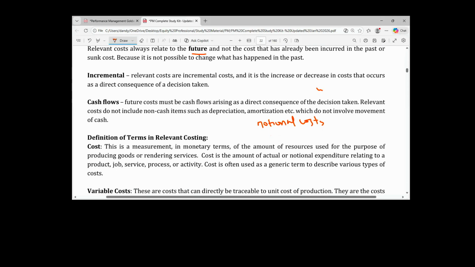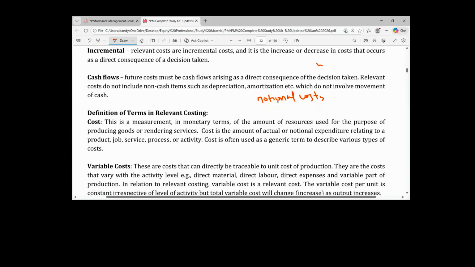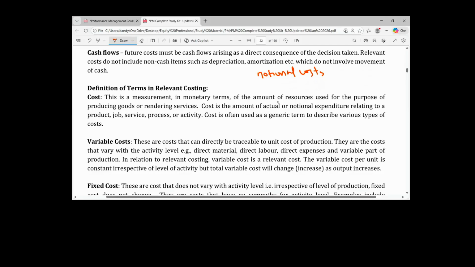Now, the next thing we are going to talk about is definition of terms in relation to relevant costing. This is what I was telling you the other time. We are not going to discuss this, so you read it on your own. The examiner has tested it in recent time, like 2-3 times, whereby you are given a scenario, then the examiner will ask you to explain or discuss the following: opportunity cost, differential cost, committed cost, sunk cost, avoidable cost, unavoidable cost.